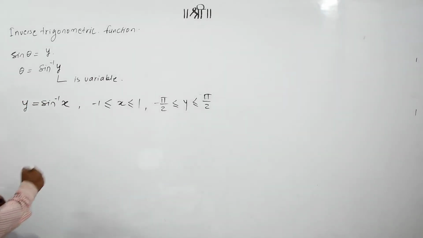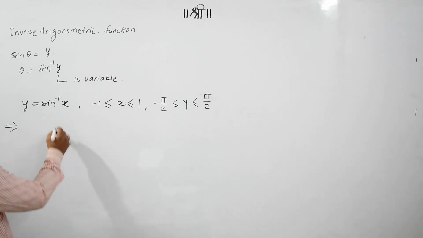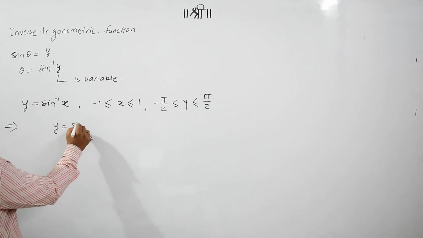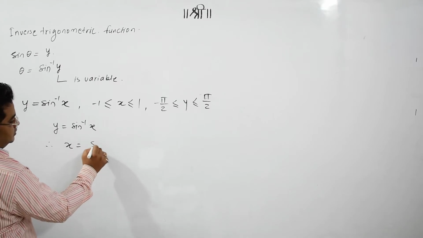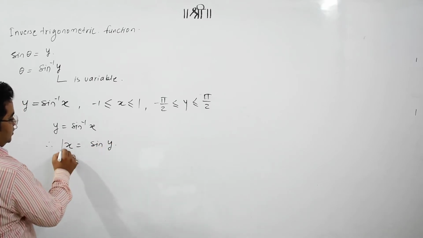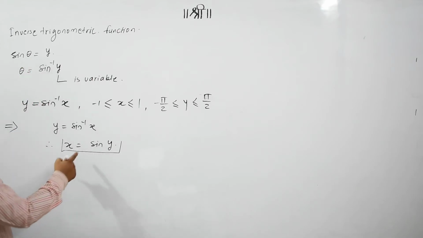Here, instead of differentiating the equation directly, we need to rewrite this equation. So y is equal to sine inverse of x, therefore x is equal to sine of y. Again, most important step. Okay, so we got it.